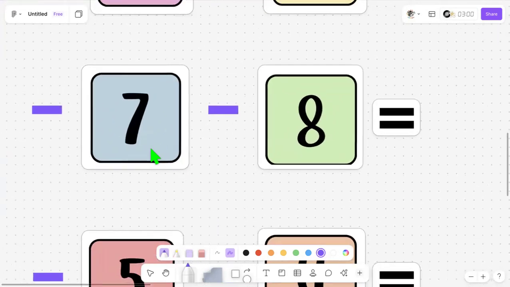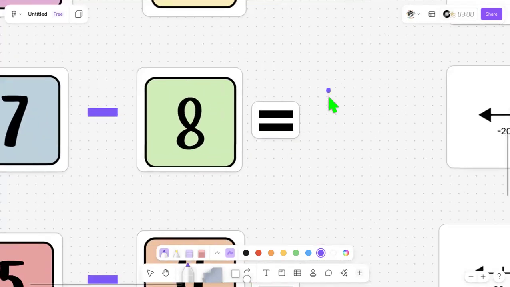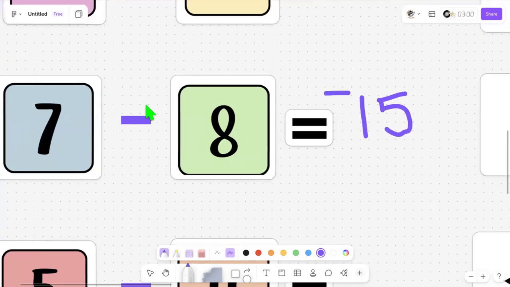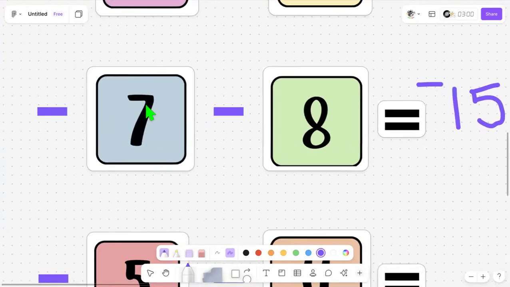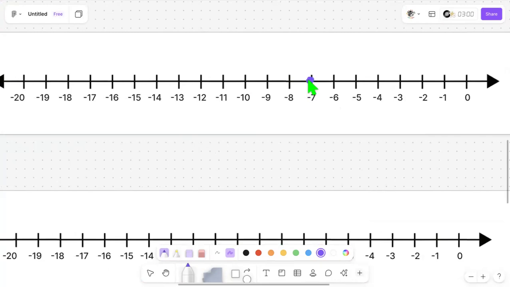This time I have -7 and -8, larger numbers. I know if I add 7 plus 8, I'm going to get 15. But I can't forget, keep the sign the same. So my answer is going to be a -15. Let's see if that holds up on the number line.